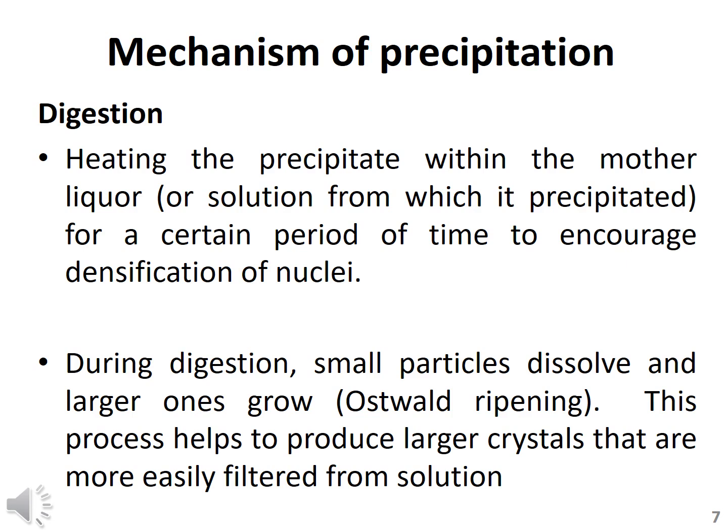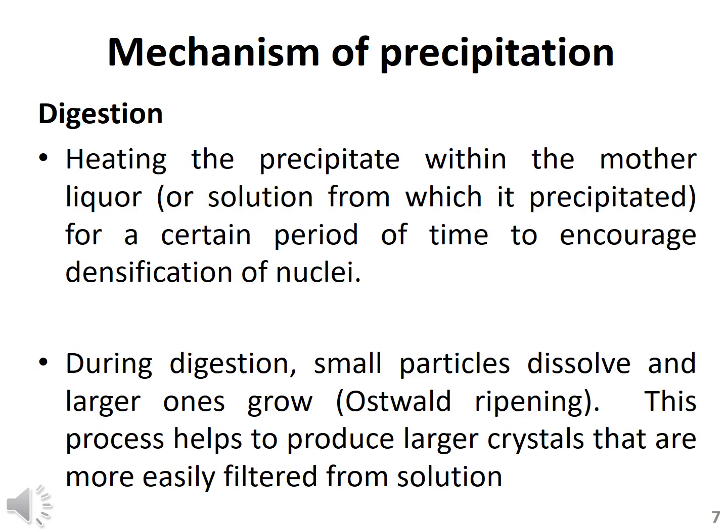Ostwald ripening is a phenomenon observed in solid solutions that describes the change of an inhomogeneous structure over time, that is, small crystals are redeposited on the larger crystals to yield bigger crystals of the precipitate. This process helps to produce larger crystals that are more easily filtered from the solution.